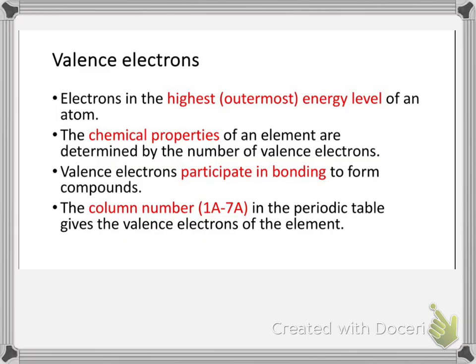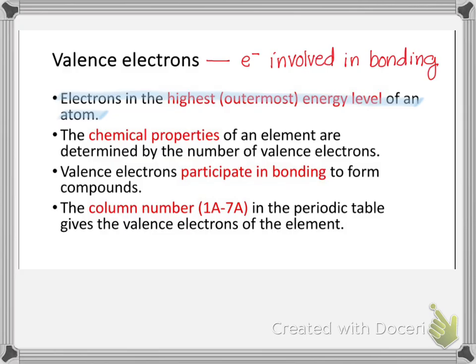Now, I want to mention a special kind of electrons before we get to the periodic table. And these very special kinds, which are the most important for us in bonding, they're called the valence electrons. So the definition of valence electrons is right here. Valence electrons are the electrons in the highest energy level for that specific atom.